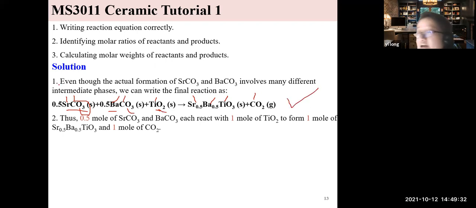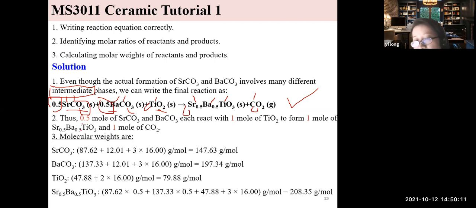Even though the actual formation of strontium barium titanate involves many different intermediate phases, we can always write this first equation first. If you don't even start from here, you will get nothing. Let's assume this is the equation. The molar ratio now is 0.5, 0.5, 1, 1.